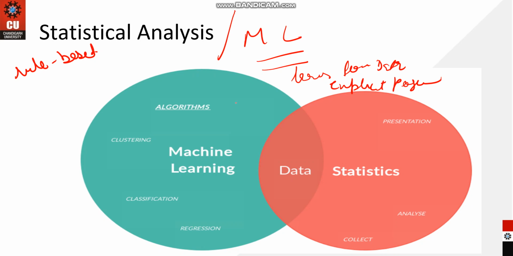Machine learning learns from billions of data points. Billions means a huge amount of data. When we talk of statistical learning, we have only small chunks of data. The data is smaller but very significant.